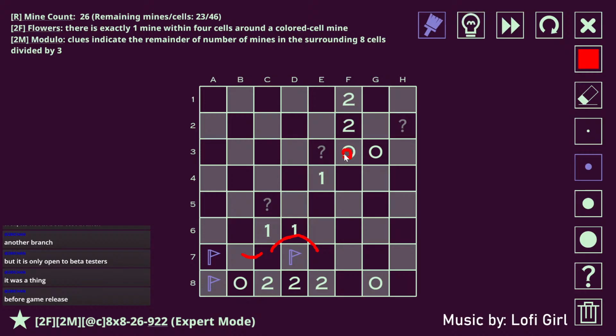If this were a flat 0, then they're all zeros, and then these are both mines, which is fine. If this was a 3, then this must also be a 3. We know these can't all be mines, but it doesn't tell us anything.